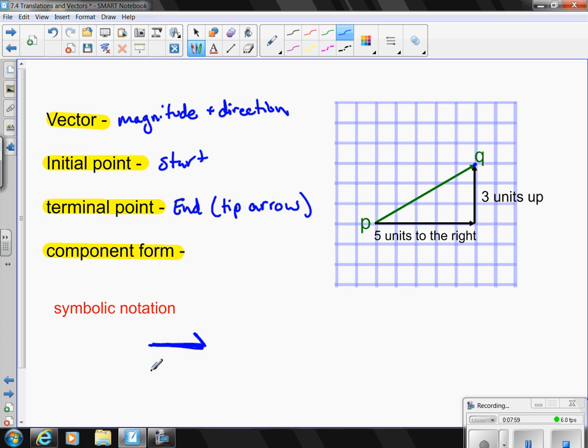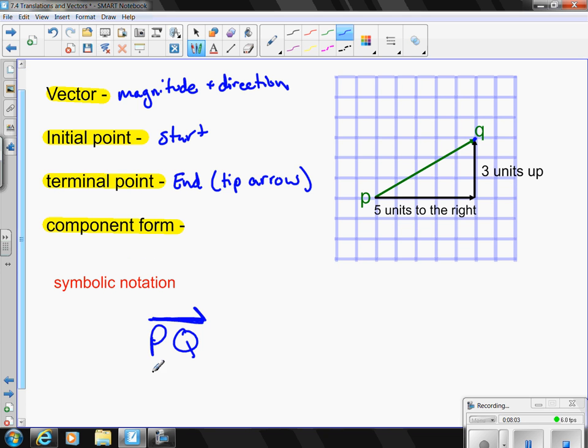So this would be vector PQ. And just like a ray, this is the initial point. And this is the terminal point. You always start with your initial point first, and go towards the one that has the arrow, the terminal point.